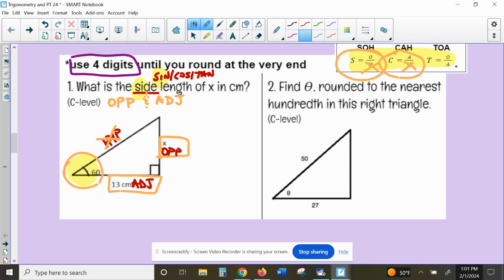Are we good with this guy? Winner, winner, chicken dinner, right? So that means that tangent is our winner. So let's jot down tangent. Tangent is the one that's going to work in this case. That's how you decide which trig ratio to be using. It's the one that you have stuff about. If you don't have anything about a hypotenuse, you can't pick something with hypotenuse in it, right?